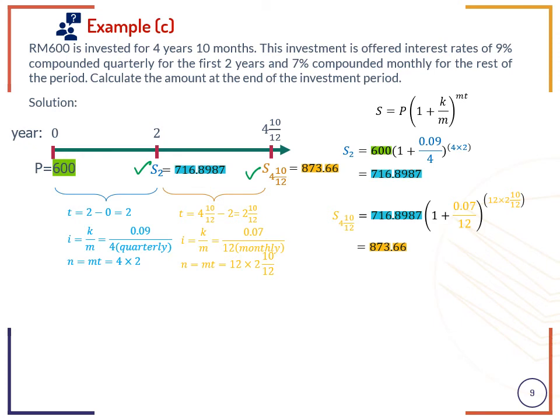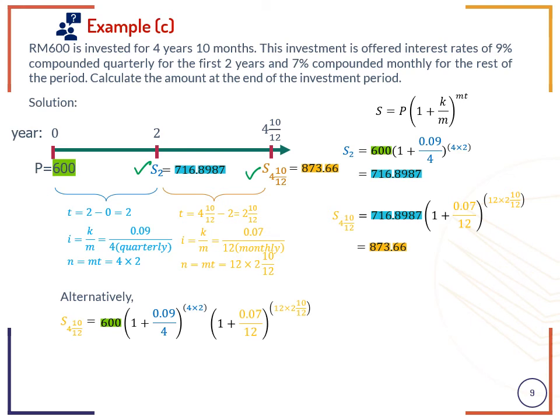The amount at the end of 4 years, 10 months can also be calculated by putting it all together, such as 600 multiply (1 plus 0.09 over 4) power of 4 times 2, multiply with (1 plus 0.07 over 12) power of 12 times 2 10 over 12.